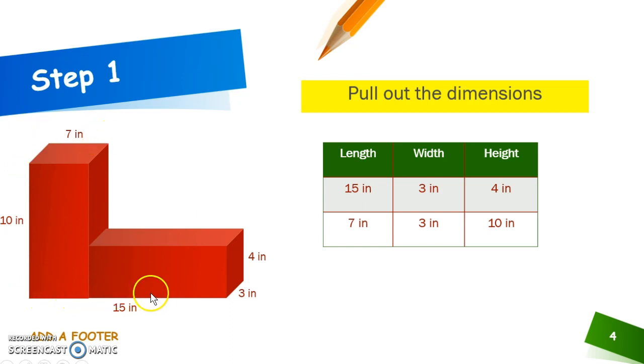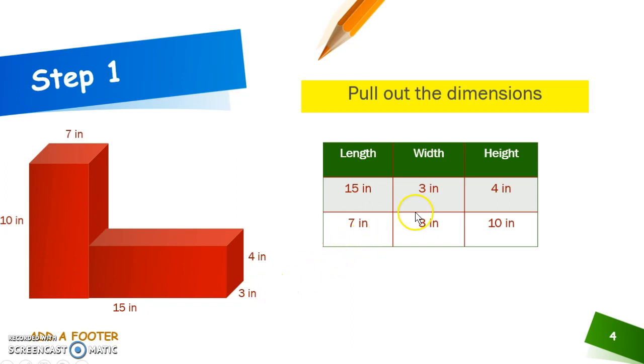Here's a length, there's a length, and here's a length, and there's a length. So we see 2 lengths here. One is 15 inches and the other is 7 inches. And so you will put both dimensions or both lengths in your table, just like such.